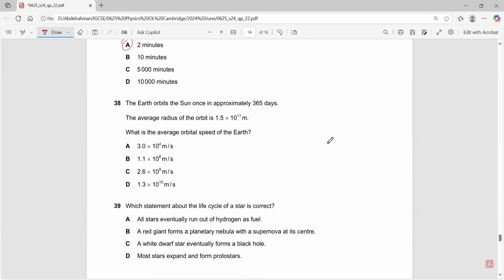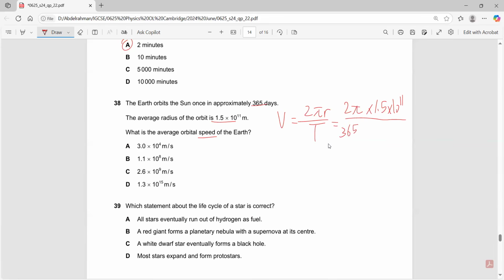38. The Earth orbits the Sun once approximately every 365 days. The average radius, what is the average orbital speed? The speed would be 2 pi r over t, in which r is the orbital radius in meters. So 2 pi times 1.5 times 10 to the power of 11 divided by t, the orbital period, 365 days.